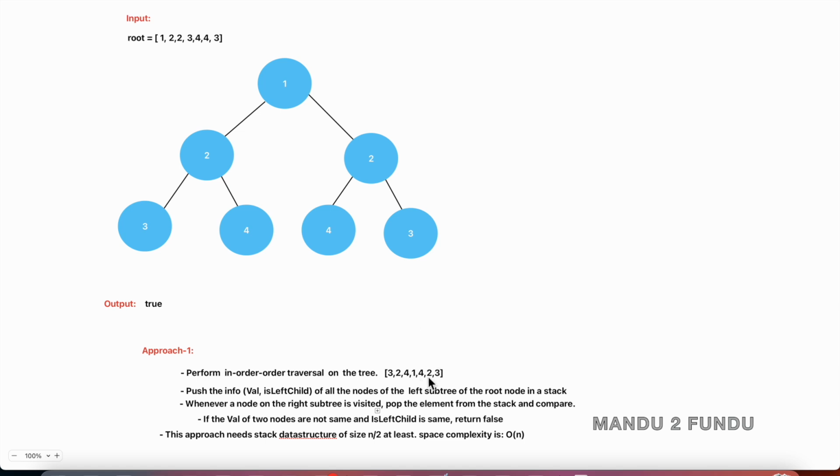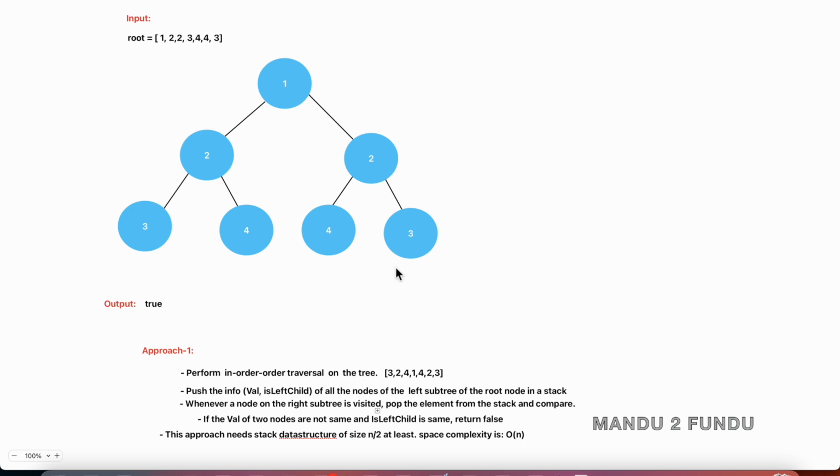So at the end, the stack will be empty, because as we see the corresponding element, we pop it out. So finally the stack will be empty. If the stack is empty, that means the tree is symmetric.